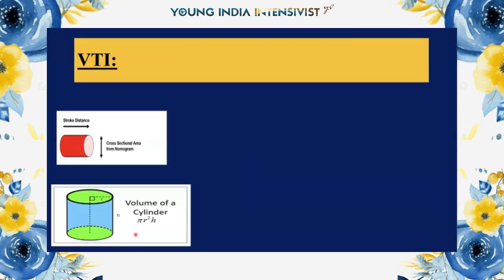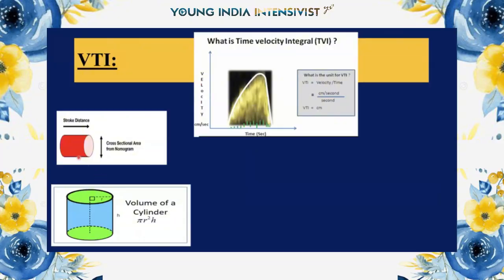So what are we trying to do? If you have to calculate the volume of the cylinder, what are the parameters needed? Pi. Pi is standard, everyone knows the value. R is nothing but the radius, that is, the valve area. The valve area everyone knows.